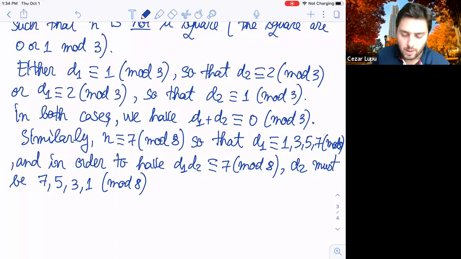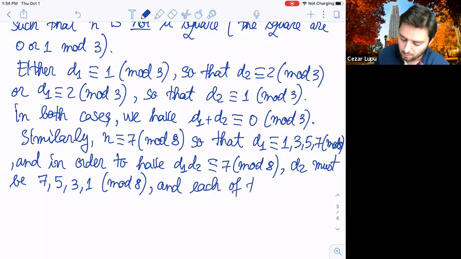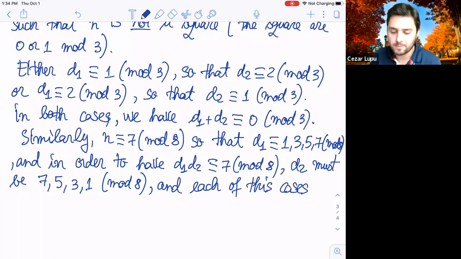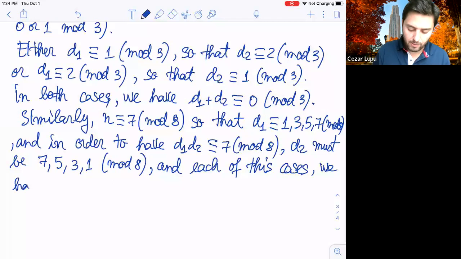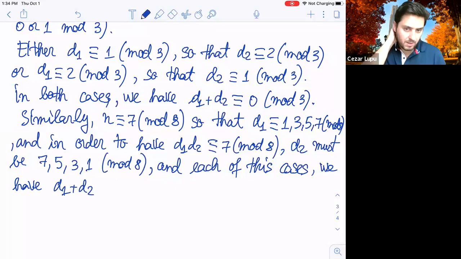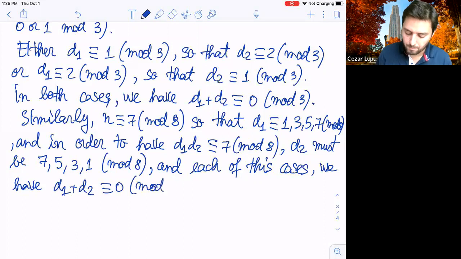Okay. And what does this mean? In each of these cases, it will mean that D1 plus D2 will be 0 mod 8. Agree with me? In both cases.